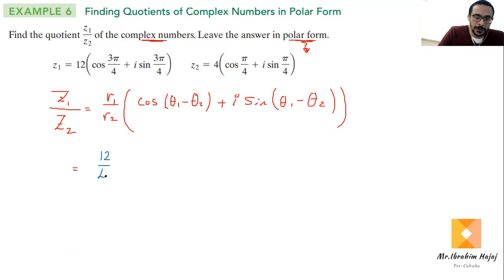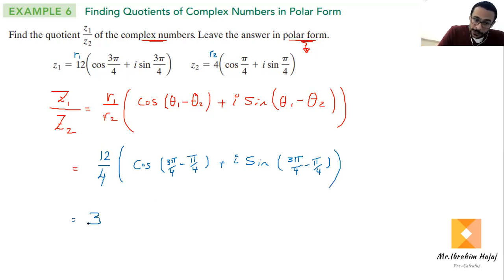Here is R1, guys, and here is R2. 12 over 4, cosine. What's the difference of these two angles? 3 pi over 4 minus pi over 4, pi over 4. Plus i sine 3 pi over 4 again minus pi over 4, and close the bracket.